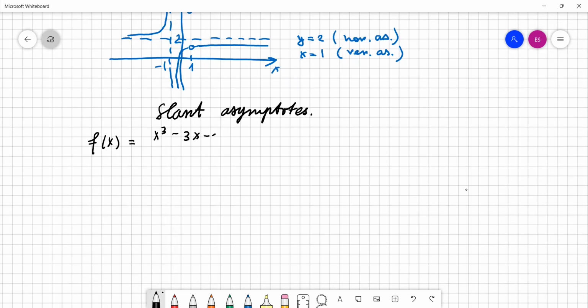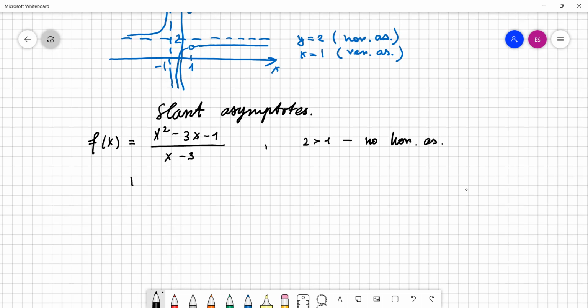If you remember, the rule was telling us that we cannot find any horizontal asymptote in this case. For example, this is a square and that's the first power. So because 2 is greater than 1, no horizontal asymptote.